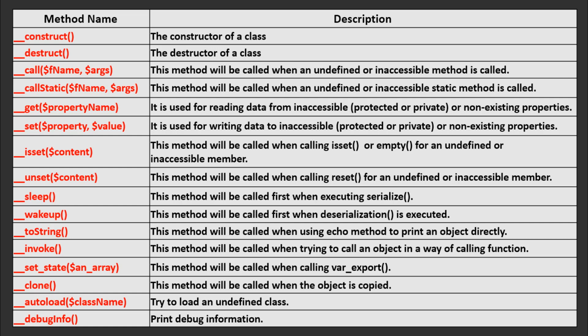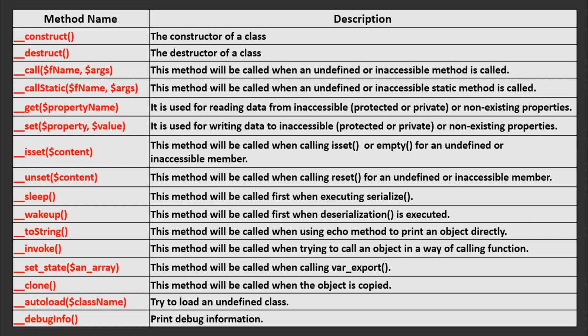The double underscore isset method. This method will be called when calling isset or empty on an undefined or inaccessible member. The double underscore unset method. This method will be called when calling unset on an undefined or inaccessible member. The double underscore sleep method.